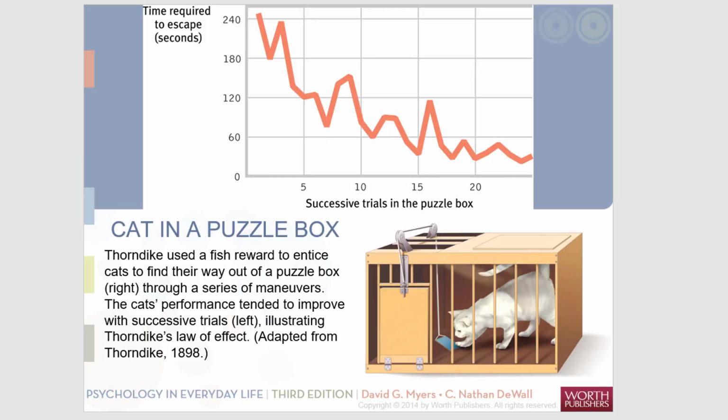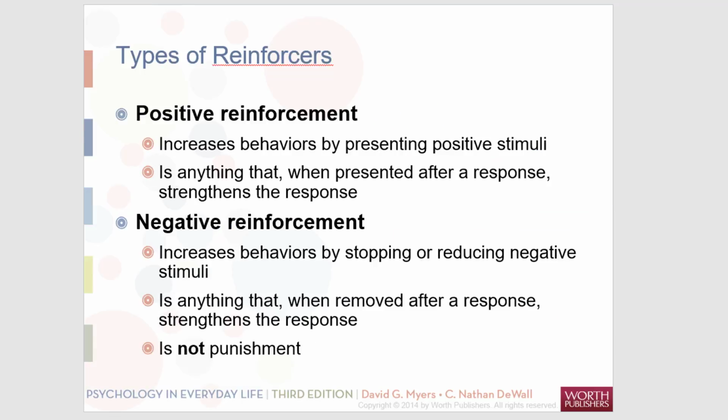See the screen? Primary reinforcers are unlearned. Conditioned reinforcers are associated with primary reinforcers. Immediate reinforcers are when we get immediate rewards.